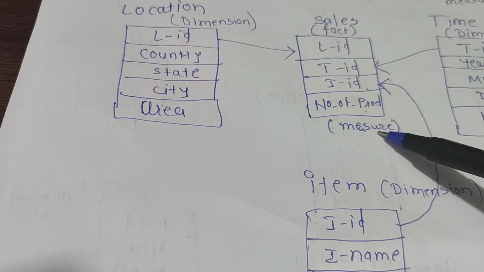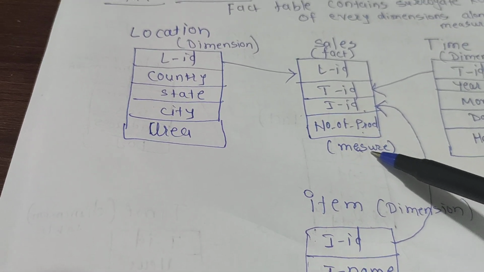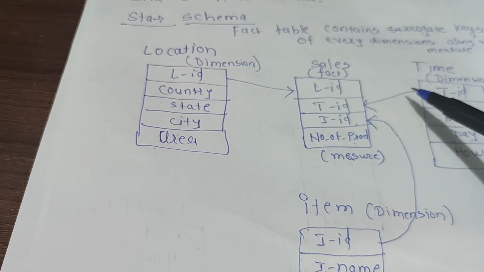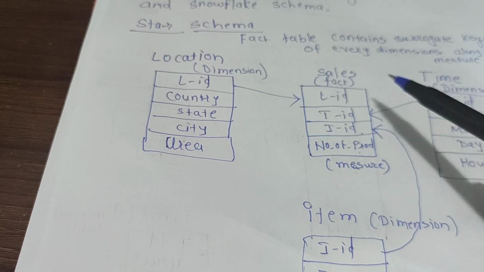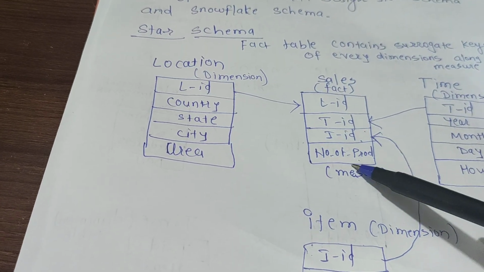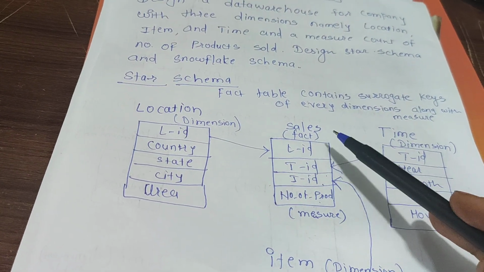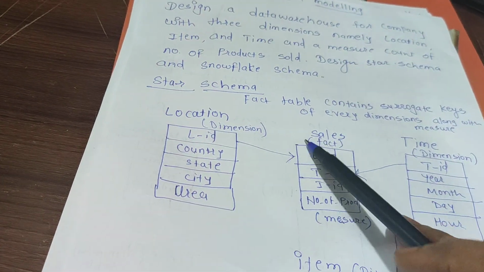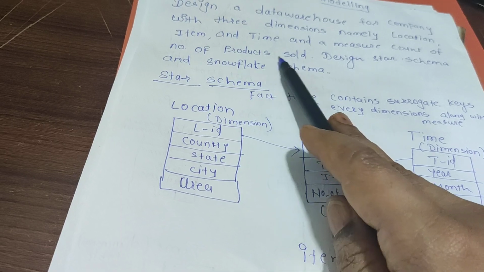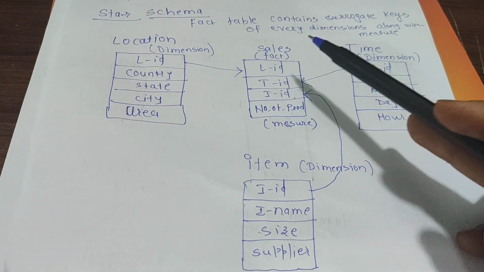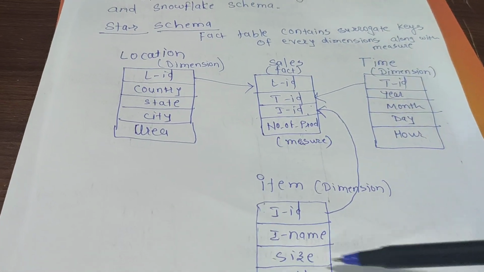This is a quantitative measure and it is very important in the fact table. We will have primary keys of all the dimension tables plus a measurable fact, that is number of products sold. So that we have to include in the fact table. So this is our star schema.